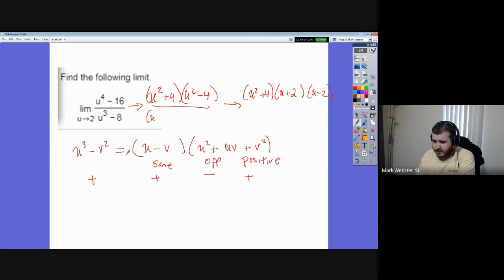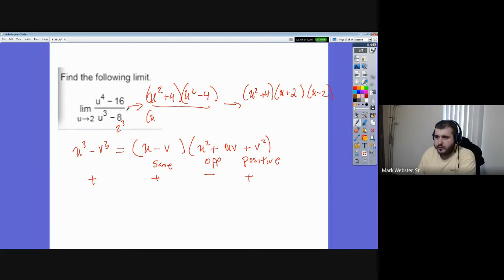This is the trick that I always used, and it has meant that I didn't have to sort of bleed out my ears when I was doing this. If you can remember this part, and then remember the signs separately, it'll keep you from having this gigantic problem in your brain. So 8 is 2 cubed. So that's why it's a difference of cubes, right?